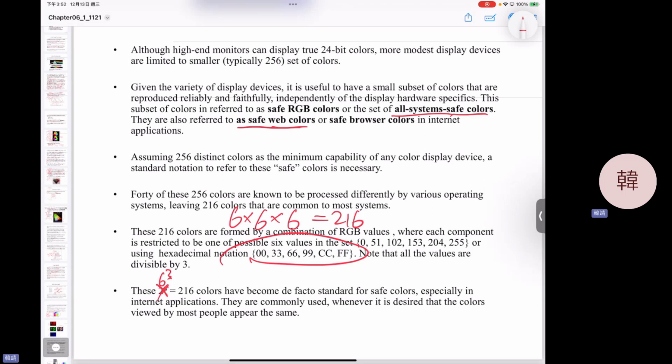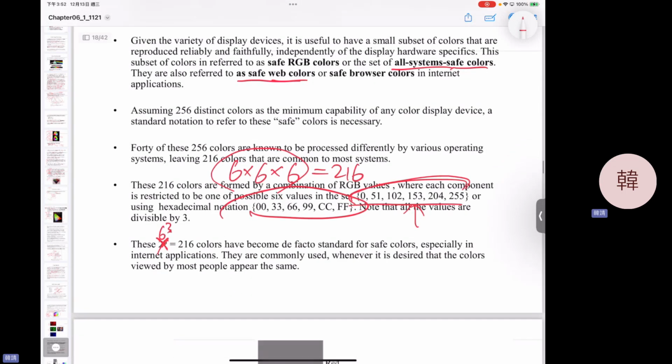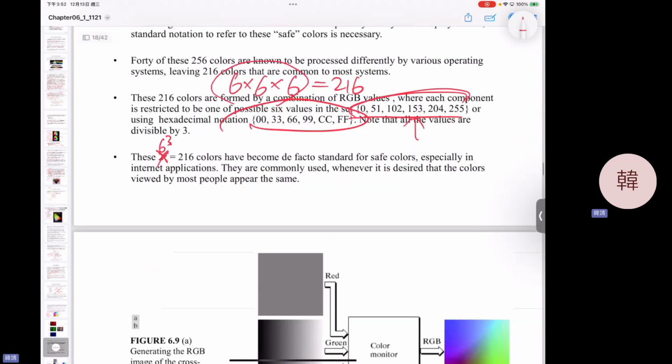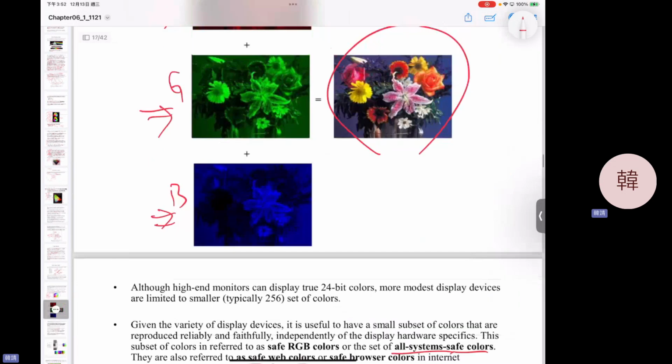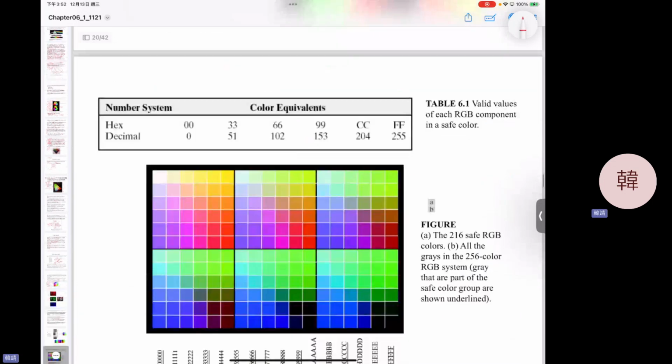And what's that? It's like this. In each number, 0 to 256, you separate it into 6 different levels, and for the RGB, all the 6 different levels are presented. So in the web, we use this standard set color mode, only 216 colors.